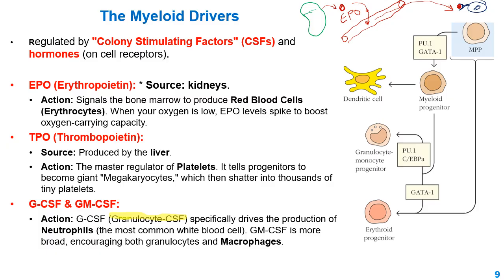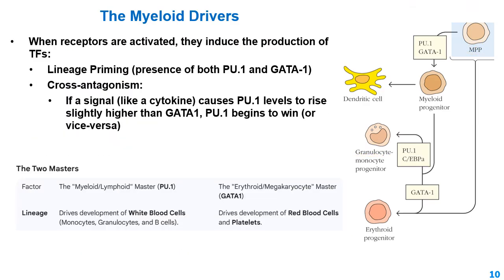If granulocyte stimulating factor gets to your bone marrow, it stimulates your precursor cell to become some white blood cell or some granulocytes. These are actions of hormones or growth factors that will tell your progenitor cell to become something else.